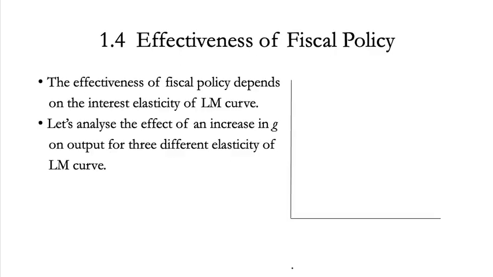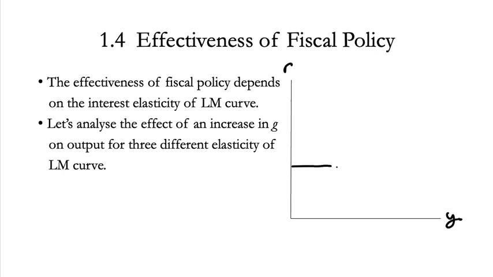In addition to calculation of the government spending multiplier, we also want to look at how effective fiscal policy is. Let's say we still use government spending, and we can explain this by having this graph. So we have interest rate here and we have real income here.